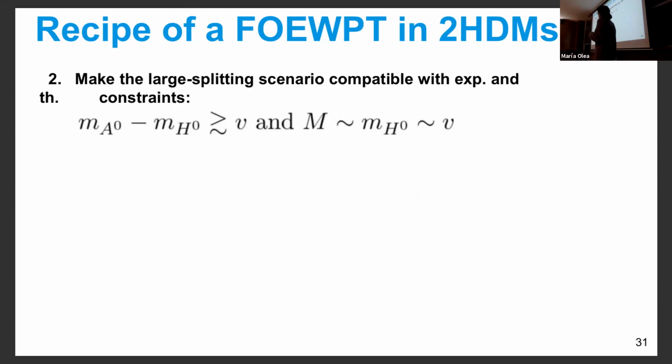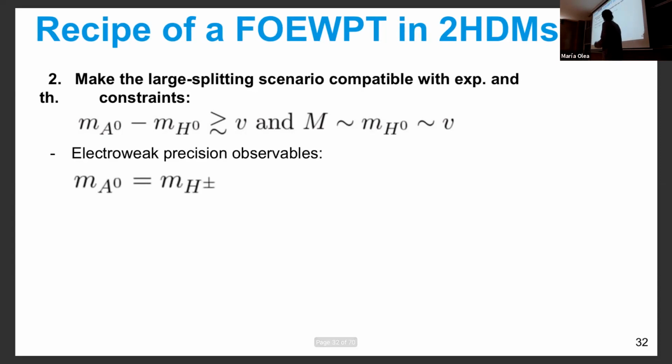The second step is that we have to make this scenario of large splittings compatible with experimental and theoretical constraints. So we will require that the mass difference between the pseudoscalar and the CP-even Higgs is larger than the electroweak VEV, and also that the capital M is more or less also equal to the electroweak VEV. To take into account electroweak precision observables, we will set the mass of the pseudoscalar to be equal to the mass of the charged Higgs.